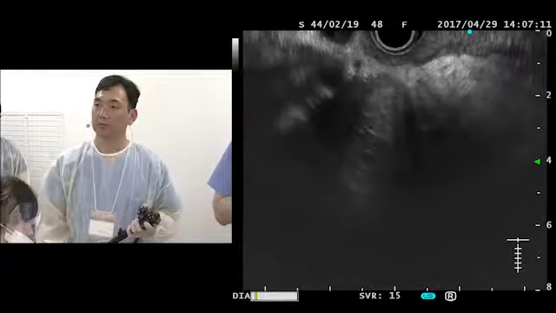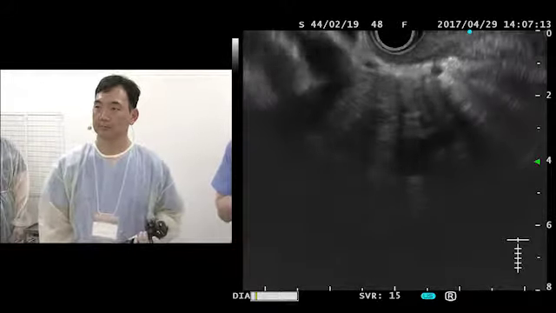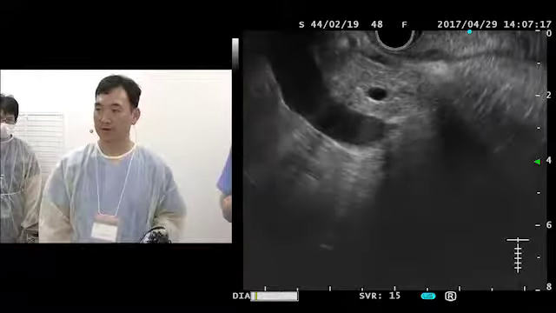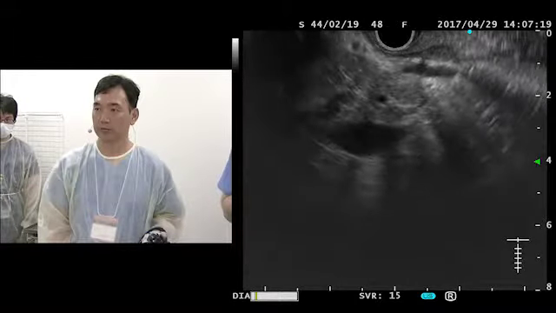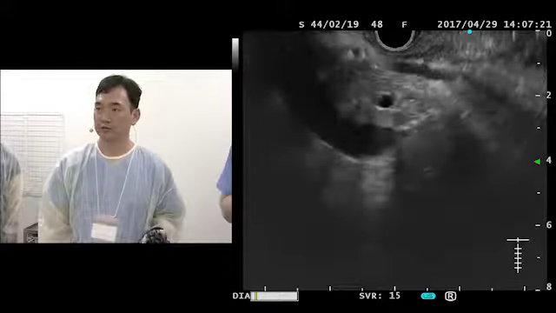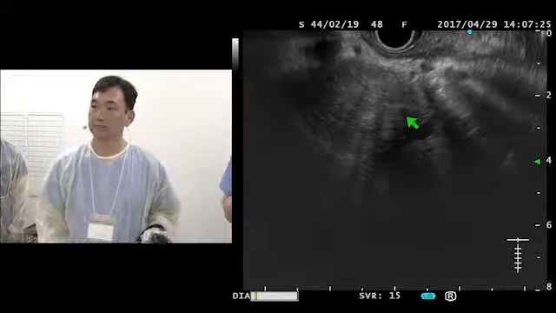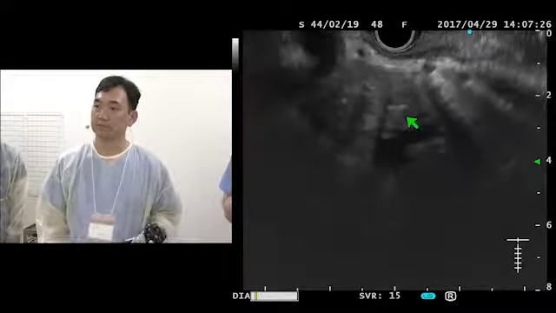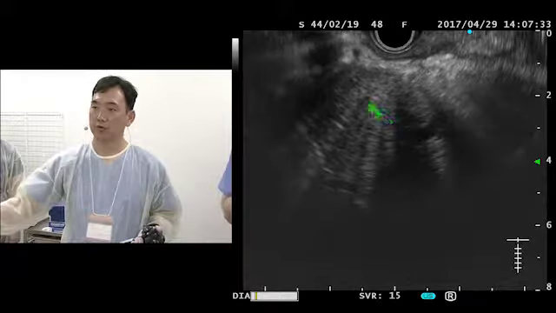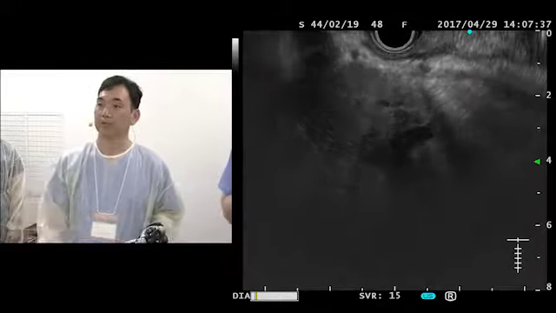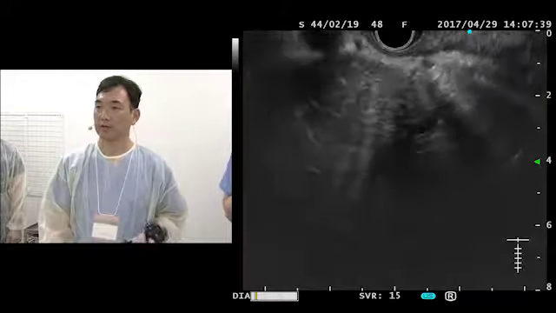Right. But what if you don't see any discrete mass on EUS? That's a good point. So we have been keeping looking at this area. This is a transition zone from the pancreas genu to the head, and the duct is actually disappearing. Now what we see is much more the scattered hyperechoic areas, foci, without a clear mass.